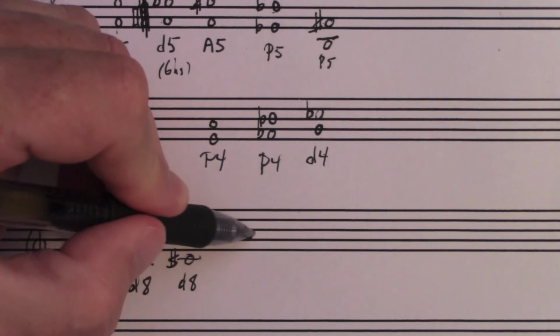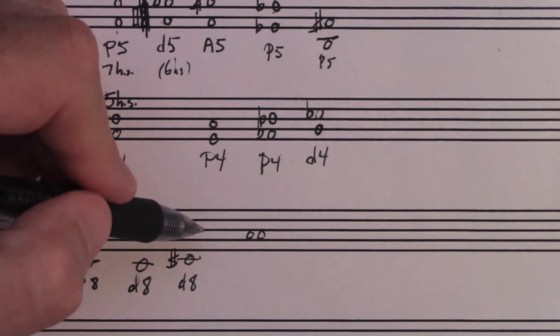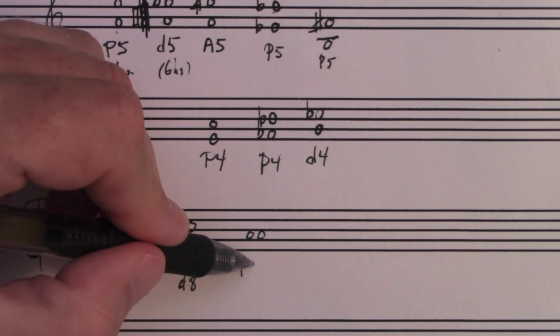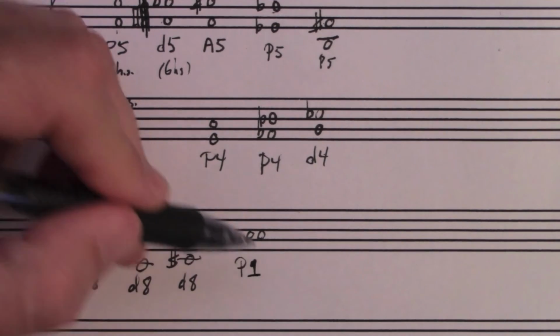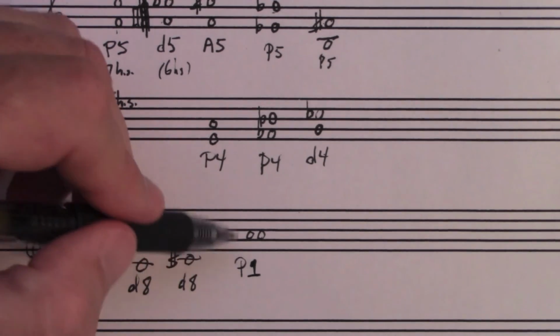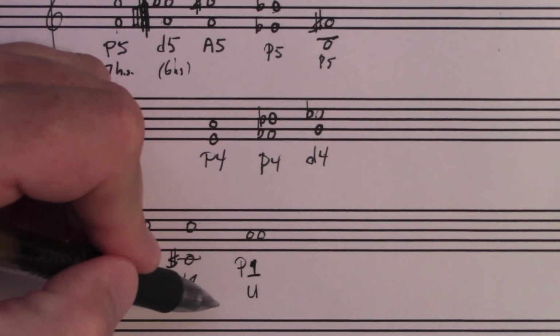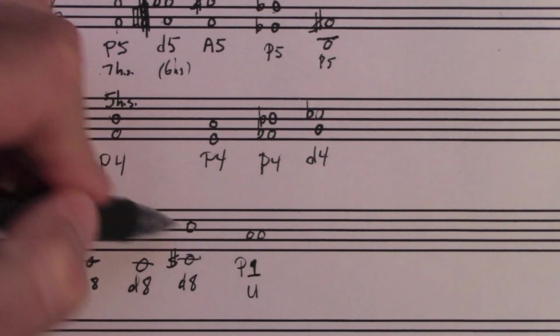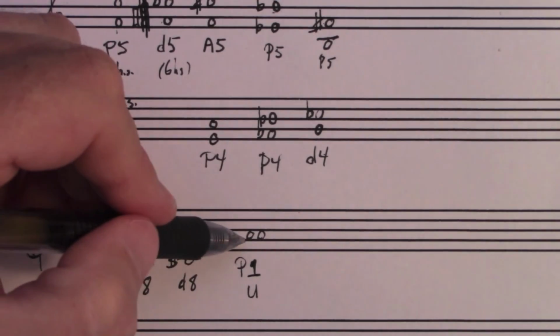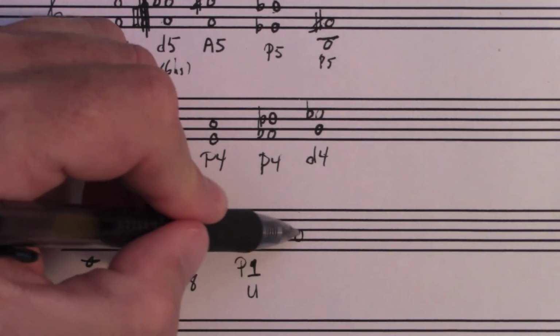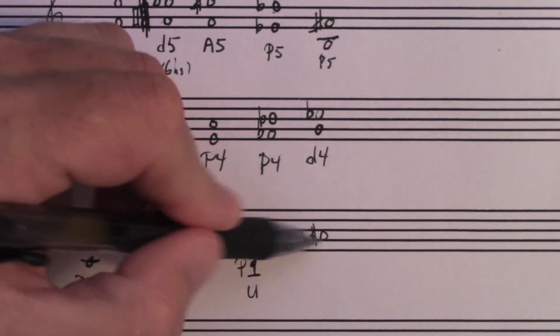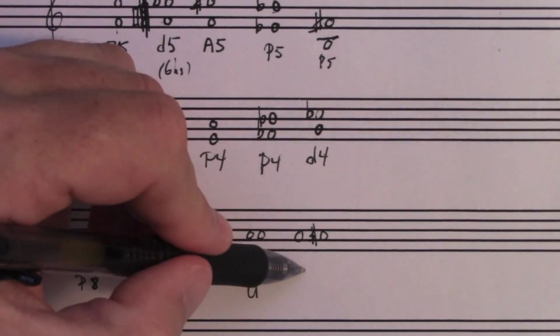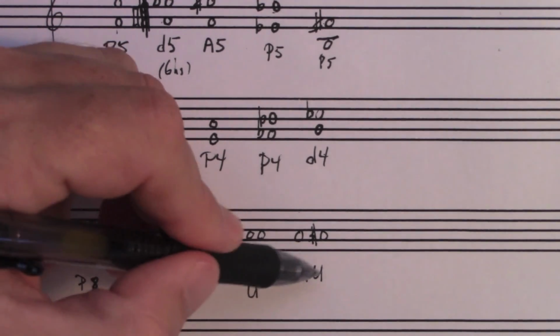And then from A to A, that is a perfect unison. It's a one-th, I suppose, but usually we'll just call it a unison. And yes, you can have, well, A and A sharp playing at the same time would be an augmented unison.